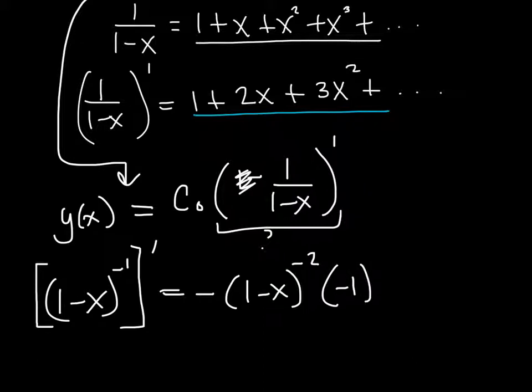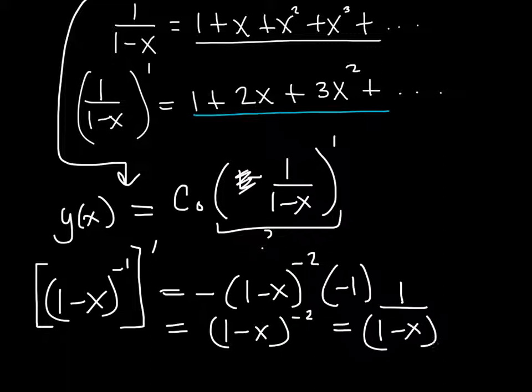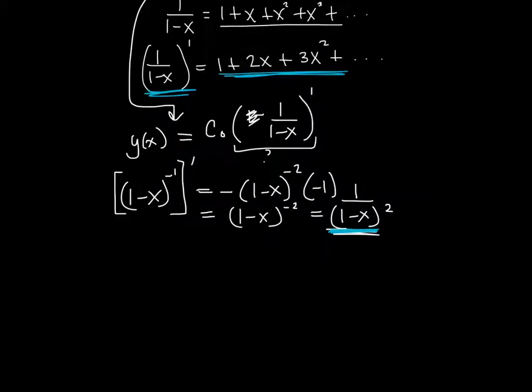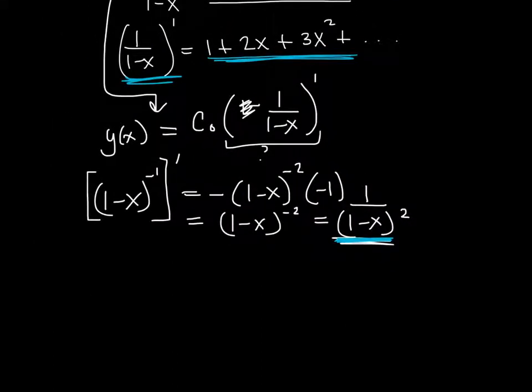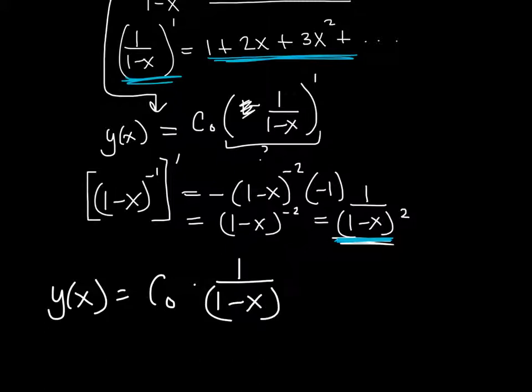Then I get 1 minus x to the negative 2, which is just 1 over 1 minus x squared. So let's replace this expression: y of x equals c naught times 1 over 1 minus x squared.